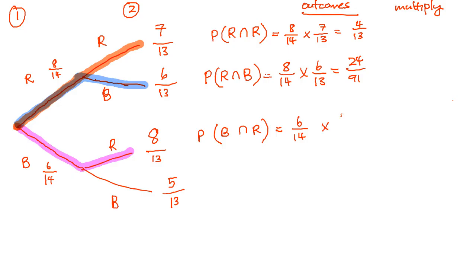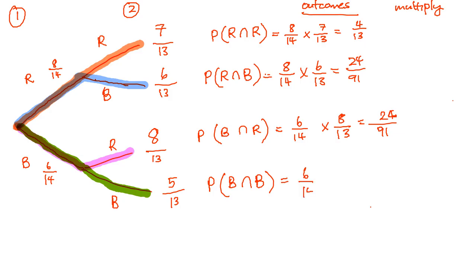And that's 24 over 91 as well. And then the last one is blue the first time and then blue again the second time. And this is 6 over 14 times 5 over 13. And that is 15 over 91.